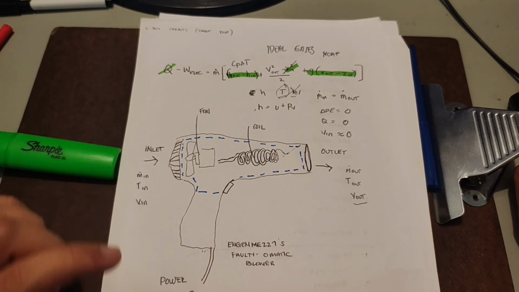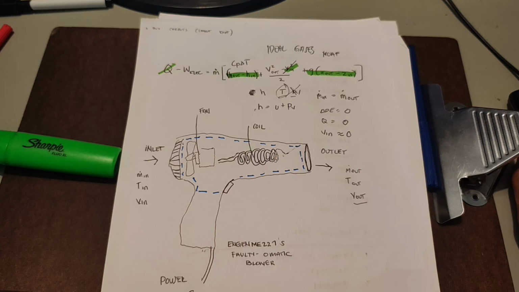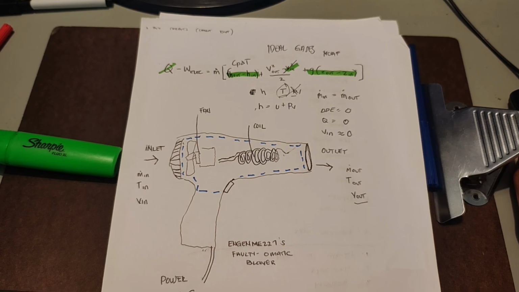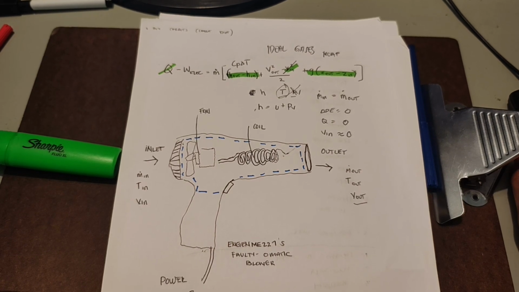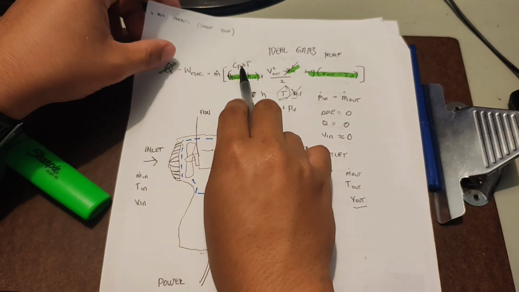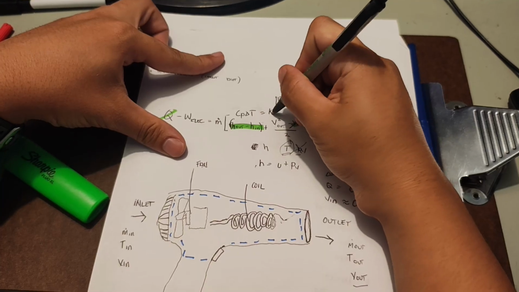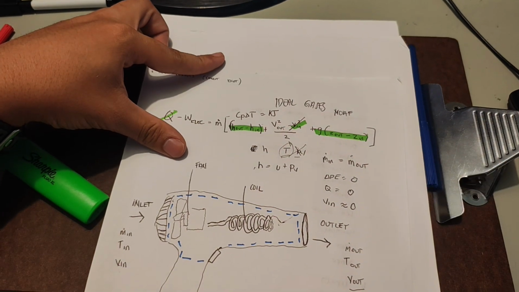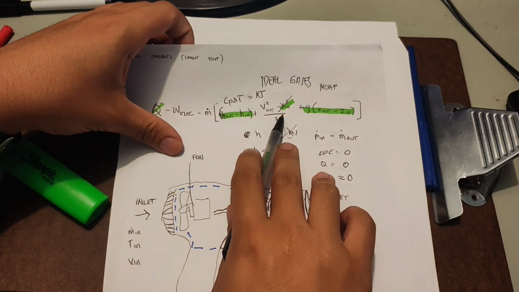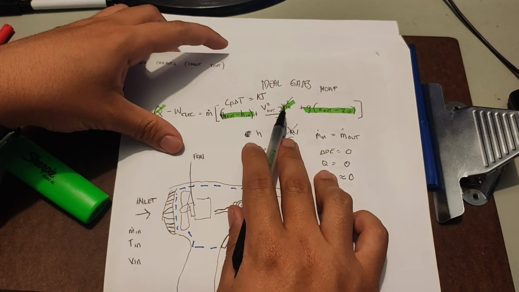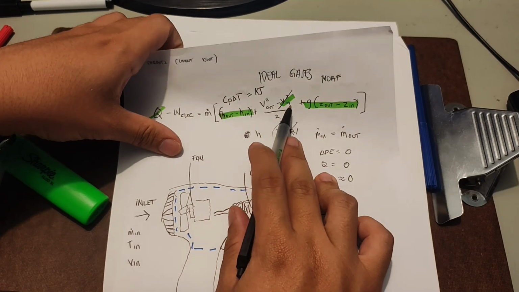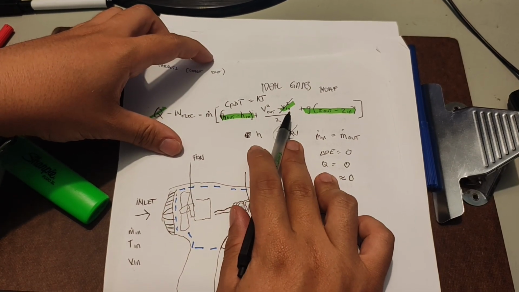Now, just one last warning. Our specific heat and temperature, we measure this in kilojoules, but our velocity, or the basic default unit for velocity, is in joules.